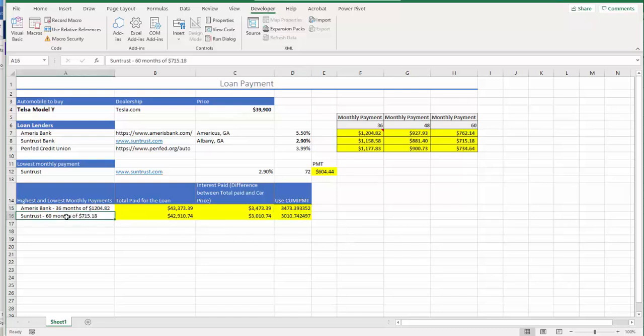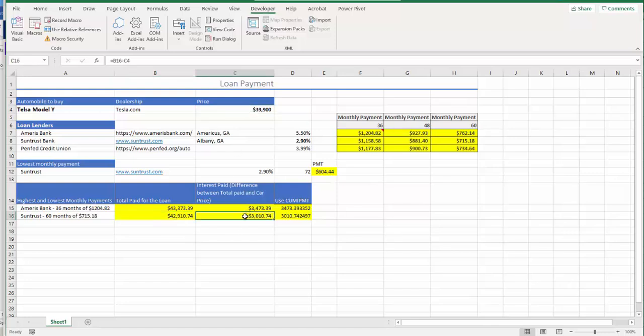And the other one, which is the lowest monthly payment we found, which is $715, is coming from here. That's exactly the same step. You find the total amount paid, which is 715 times 60. That'll give us $42,910. Then again, you're going to find the difference between this amount and automobile price.